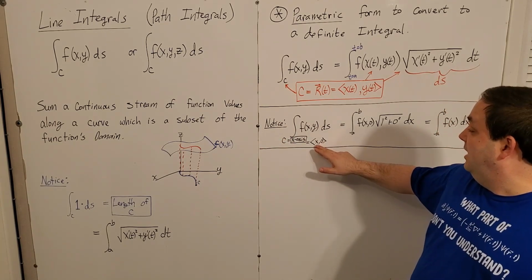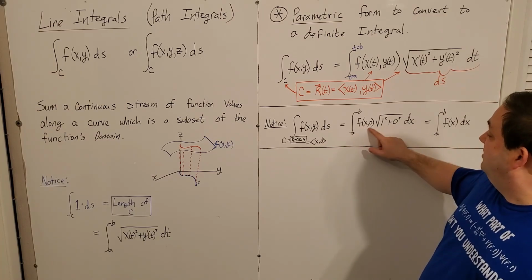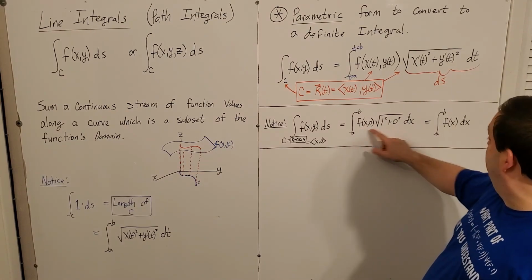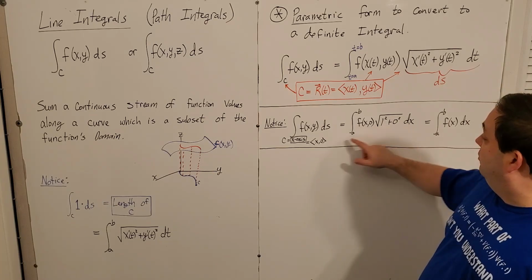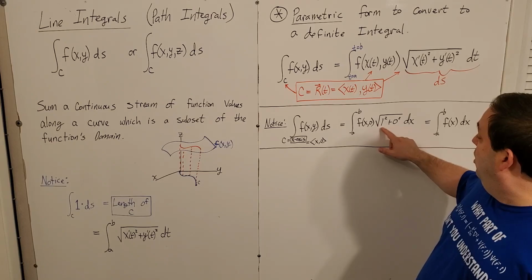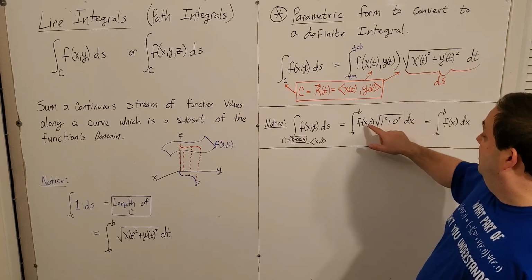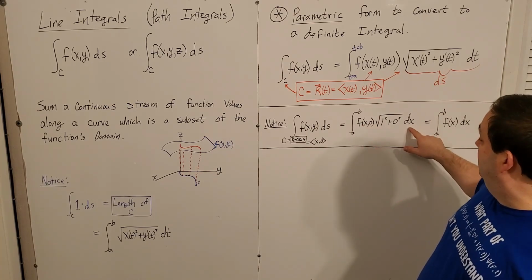Well, if I plug that in, put x in for x, put 0 in for y, then basically I've just got a function of x, whatever it happens to be. And then for the length, the derivative of x is 1, the derivative of 0 is 0, 1 plus 0 is 1, square root of 1 is 1, and then the differential piece of whatever that length is, so dx.